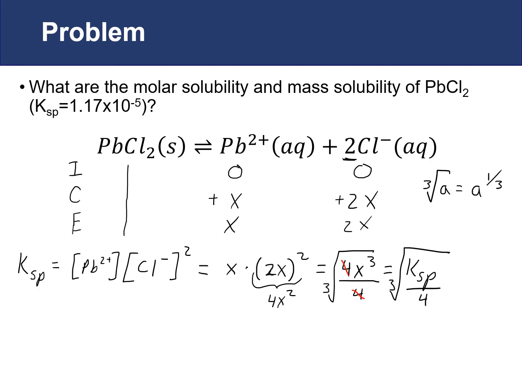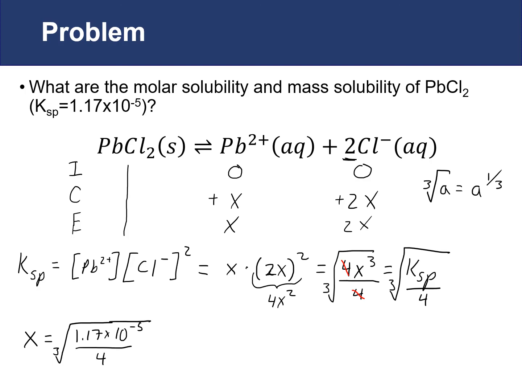Okay, so taking our values here, this gives us X is equal to the cube root of our Ksp, which is 1.17 times 10 to the negative fifth, divided by 4.